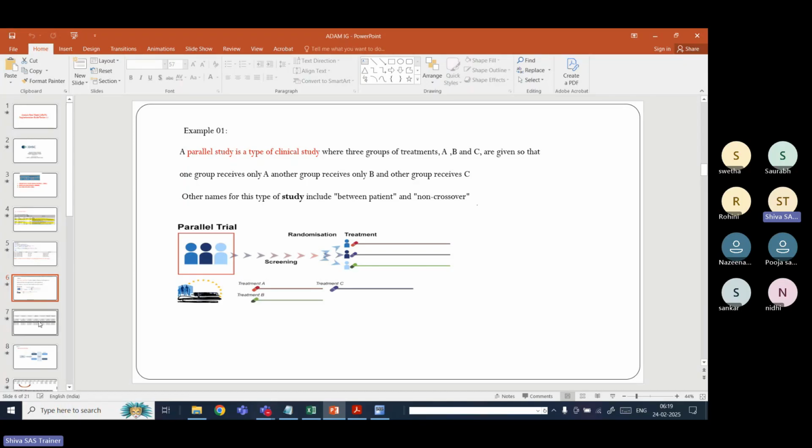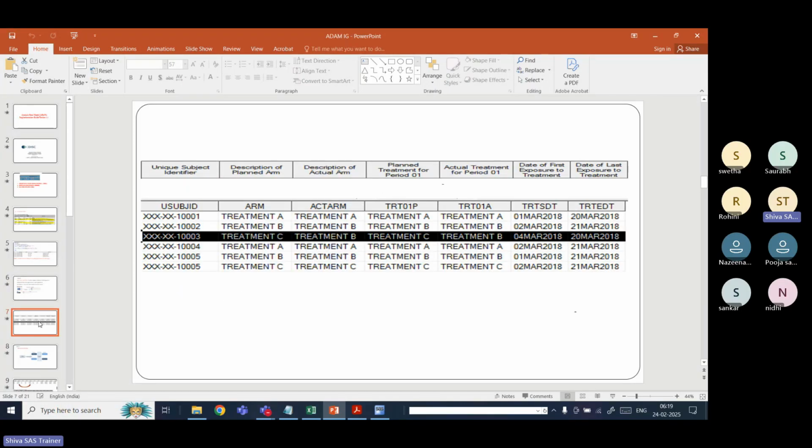So in the parallel studies, in ADSL, how is the treatment information there? For 1001, planned treatment is A, planned treatment is B, C, like that. Actual treatment TRT01A, A, B, C, like that. What we are planning is captured in the planned treatment, before giving the treatment, what we planned, that information we included in the variable TRT01P.